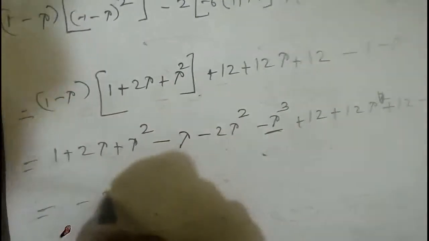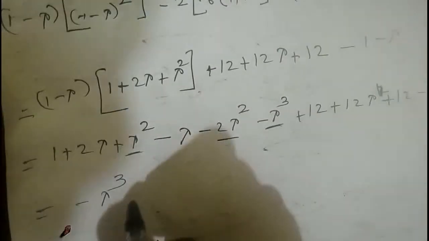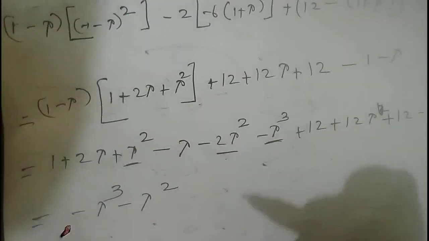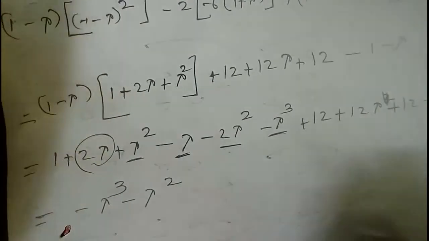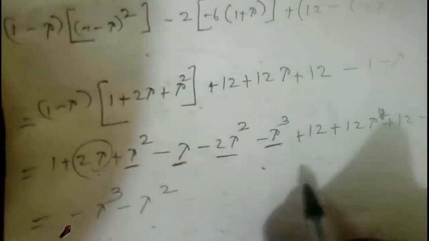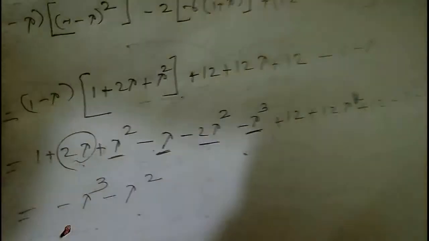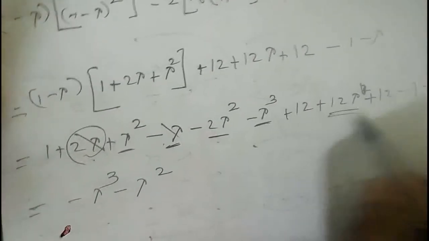Minus lambda and minus 2 lambda cancel, so we get 12 lambda.